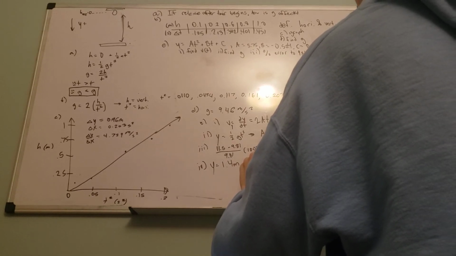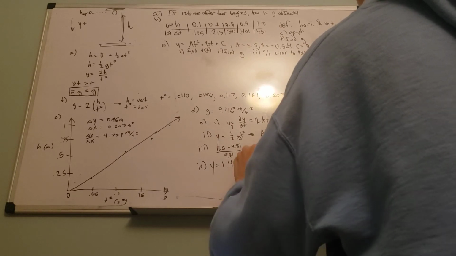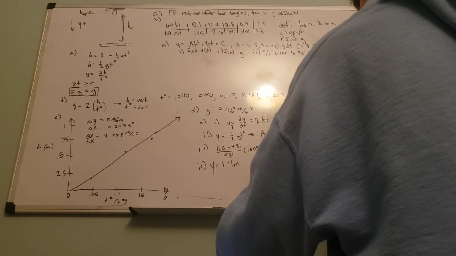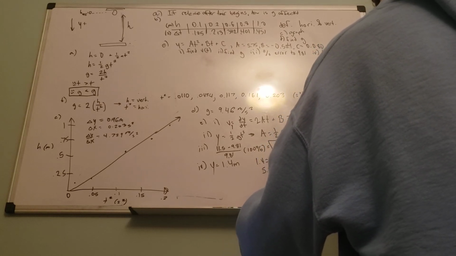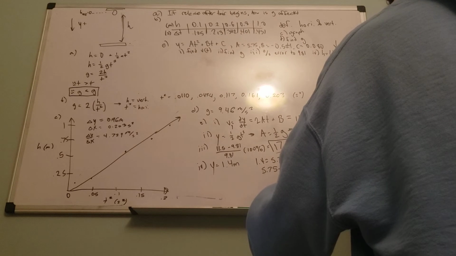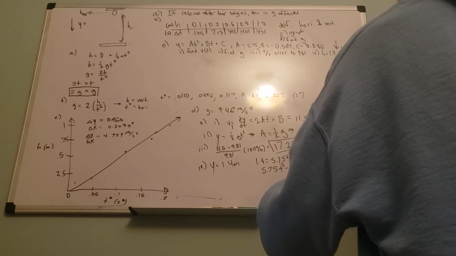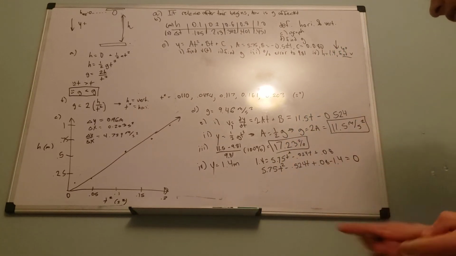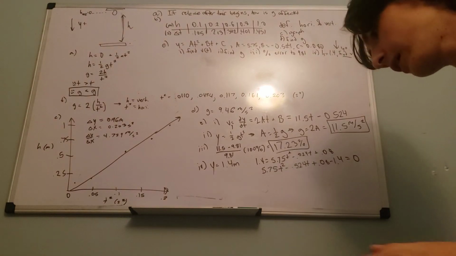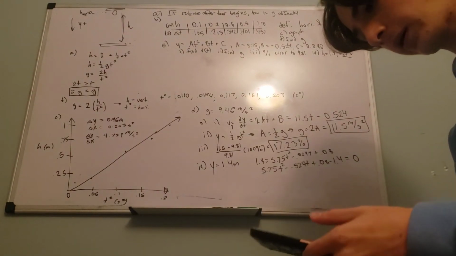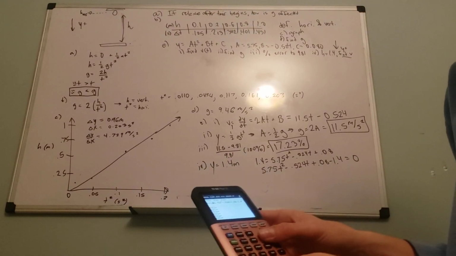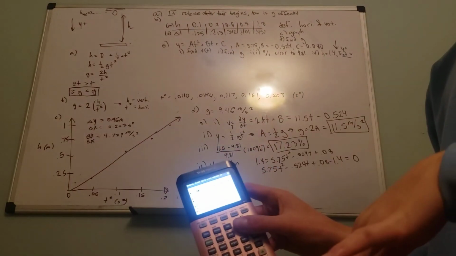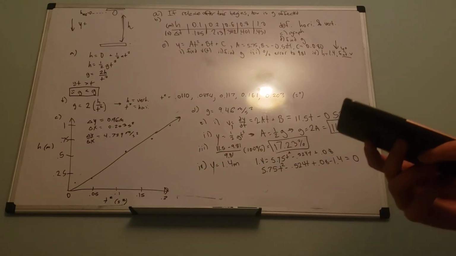So we can say that that equals 0. Instead of solving the quadratic, I'm going to take the short route, optimize time, and I've already got it plugged in on my calculator here. I'm just going to graph it and find the zero of this function. Let's see, can you see this?